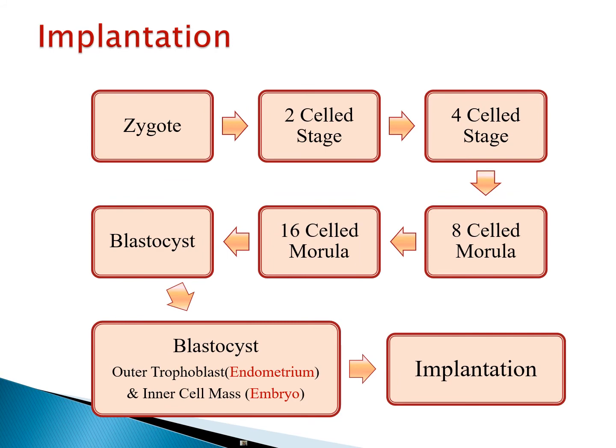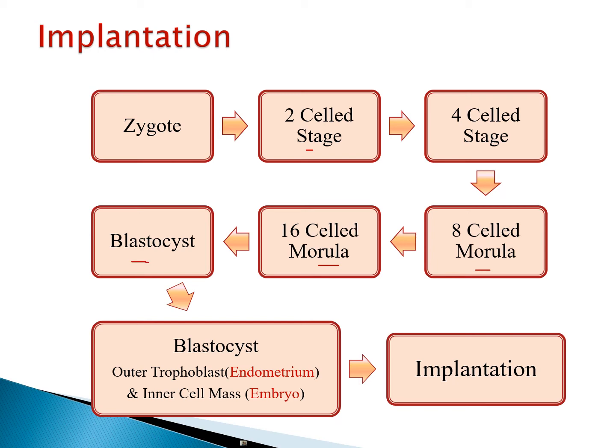Now understand implantation. The zygote undergoes a mitotic division and makes a two-cell stage. Next, mitotic division results in a four-cell stage. This four-cell stage will further divide and make an 8-cell morula. The 8-cell morula will further change into a 16-cell morula, and the 16-cell morula on mitosis will further change into the blastocyst.